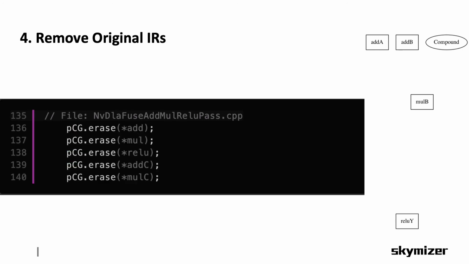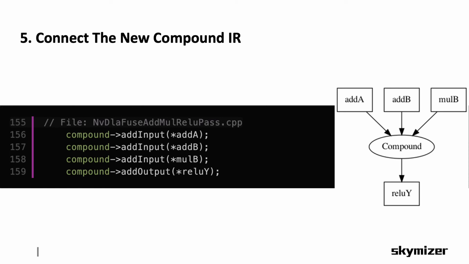Then, we have to remove the Add, Mul, and Relu operators and the activation tensors among these operators. The last step of this pass is to connect the new compound IR and its input-output tensors. We will get a new IR graph like the one in the slide.